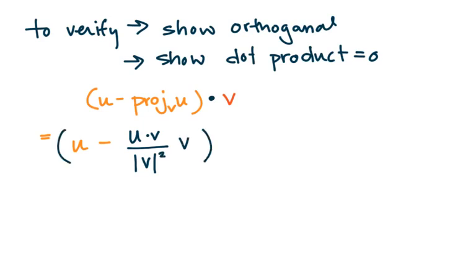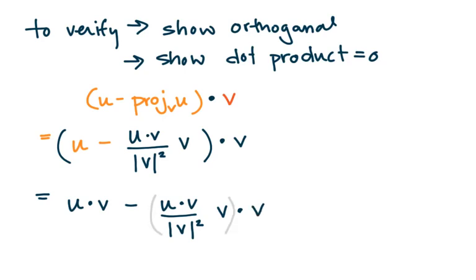So we have this dot v. Now we know that we can distribute when dealing with dot products. So this is u dot v minus u dot v over the magnitude of v squared times v, dot v.